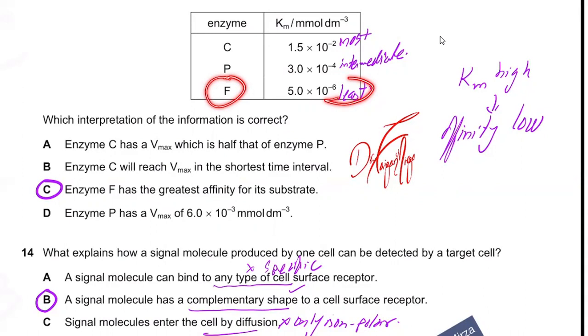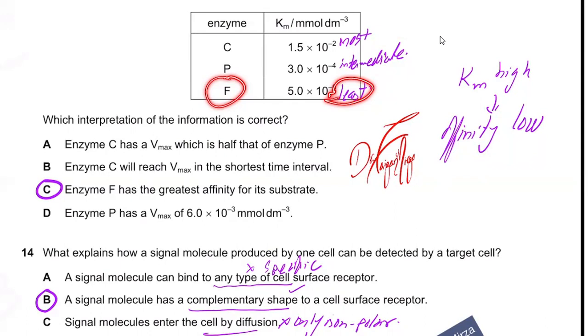The question might be reframed in another paper or somewhere ahead. They may just ask you about this. So there's no issue of getting confused there, because an enzyme whose Km is given to you as being highest will always have a low affinity for the substrate.